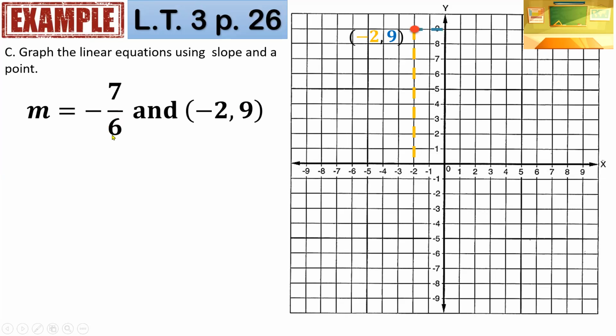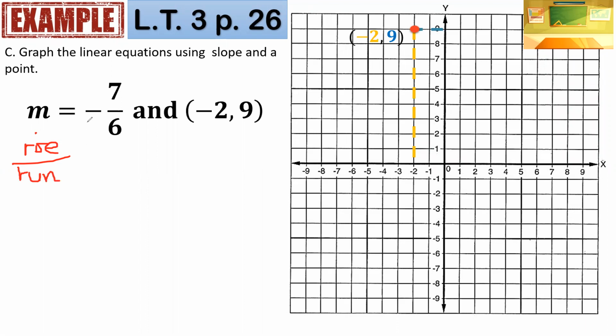So, pag -7 over 6, hindi nyo hahanapin yan -7 tapos 6. Hindi ganun ha. Naalala nyo kanina na pag sinabi nyo may slope kayo, pwede nyo yan i-graph using rise over run. Yan naman ang slope natin kapag graph na ang meron.